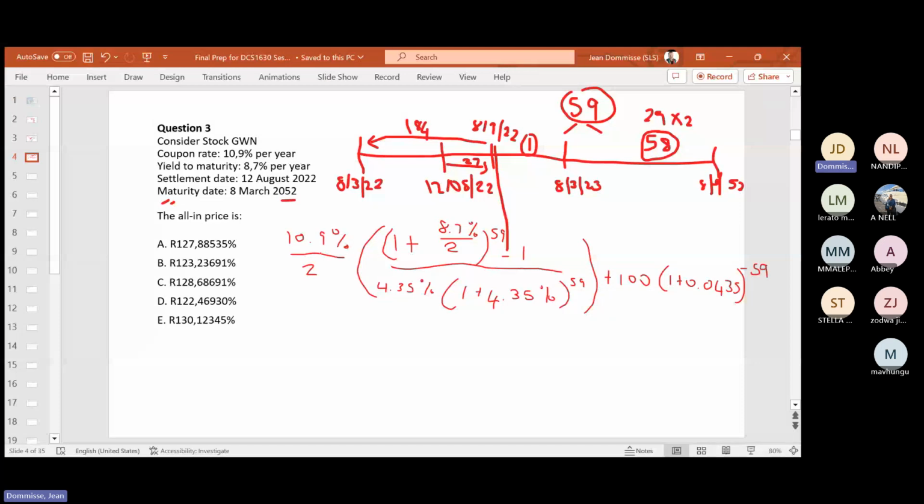Okay, so that will be the part that we first need to work out. Interesting, when we do this calculation, what we're getting is one of your answers.